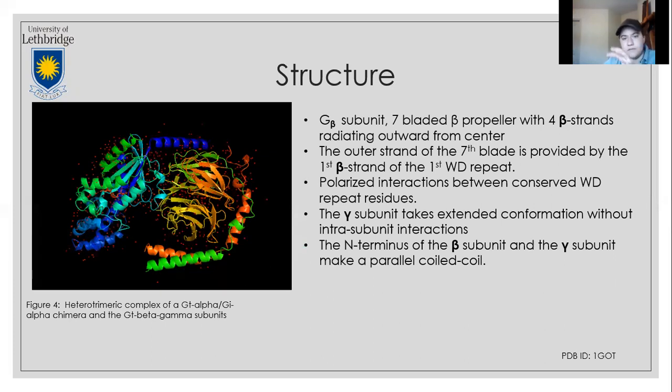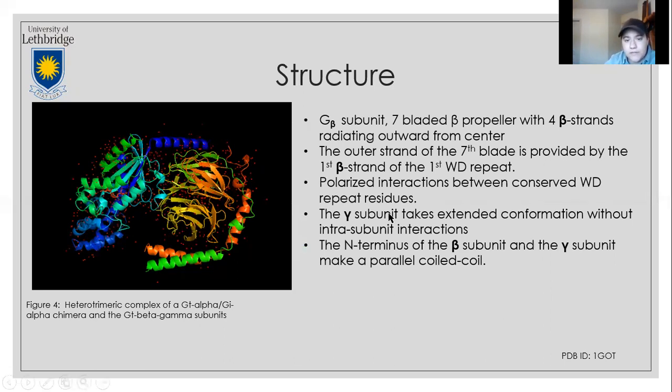Now these outer strands of the seventh blade specifically provide the first beta strand of the first tryptophan aspartate repeat. What that does is cause a polarized interaction between the conserved regions of the tryptophan aspartate residues.